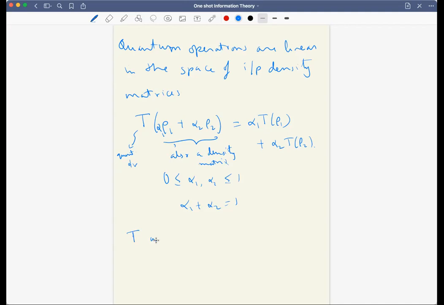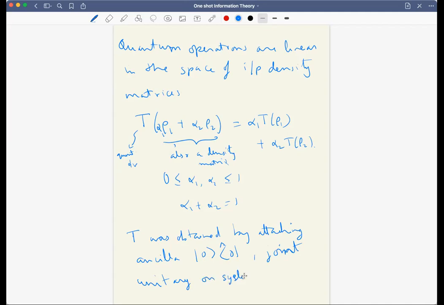Just to remind you, T was obtained by attaching an ancilla in some ket-bra 0 state on some ancilla space, then applying a joint unitary on system plus ancilla, and finally tracing out the ancilla.